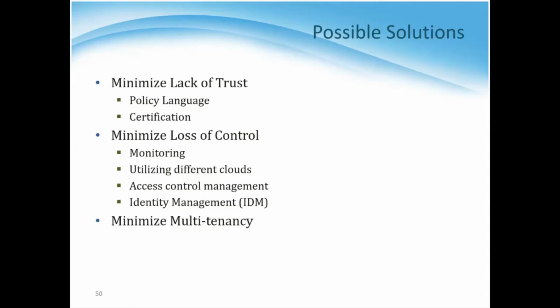Okay, and IDM plays the major role in the loss of control. If we don't have the identity of the particular person accessing your data, it is difficult to identify or map the solution for it.